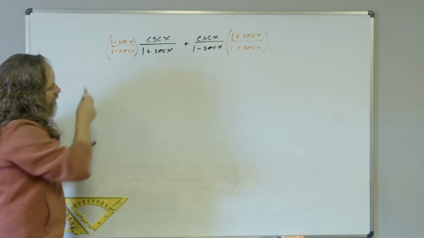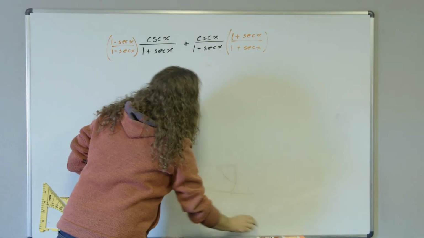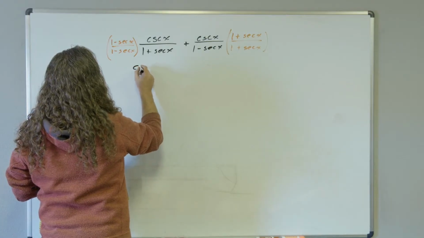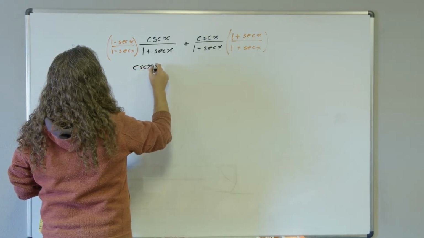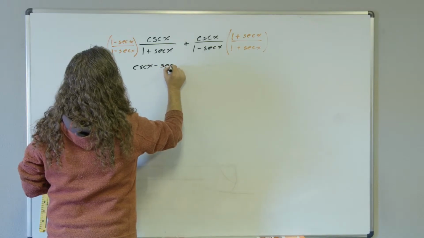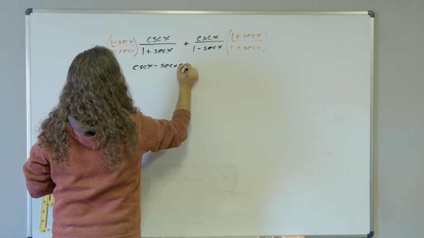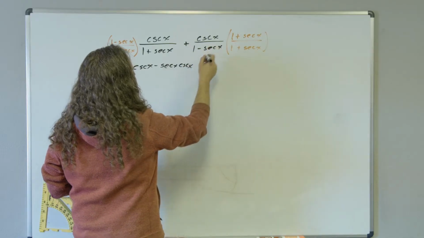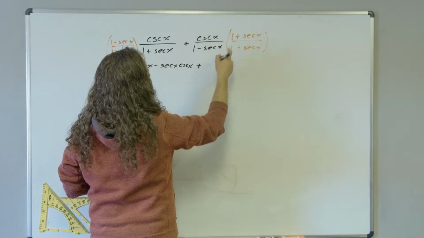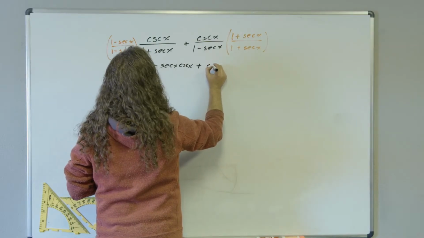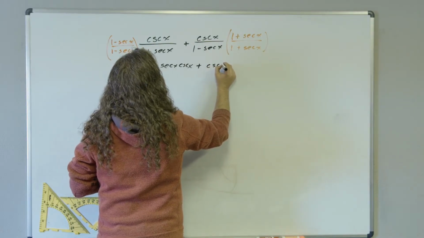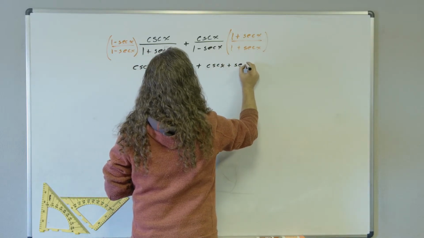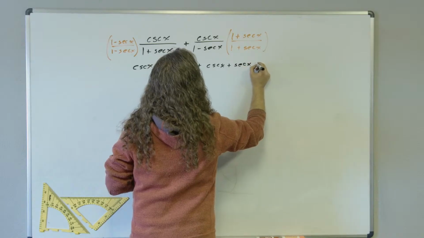So up in the numerator over here, we have cosecant of x minus secant x cosecant x plus, this is over here now, cosecant x plus secant x cosecant x.